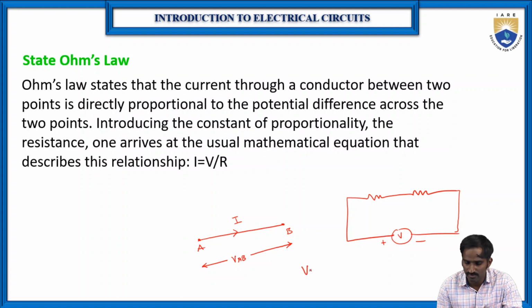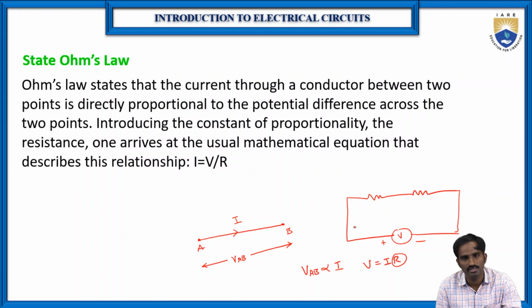Removing the proportionality, simply V is equal to I into R. Here R is the constant, the resistance of this conductor.